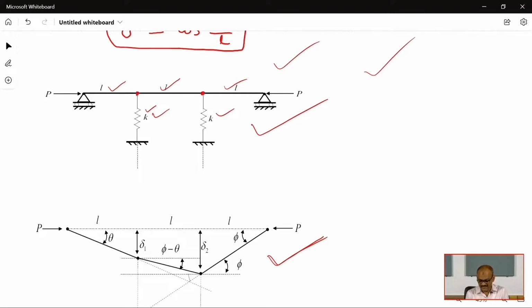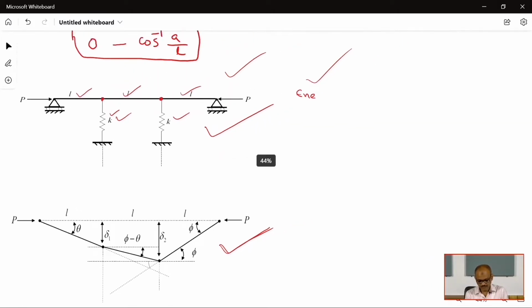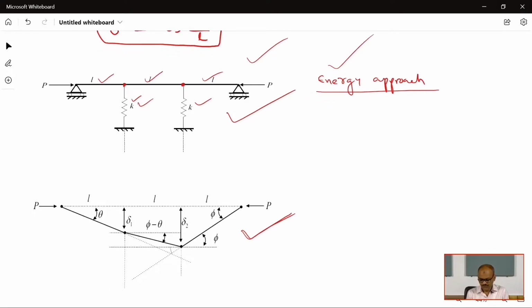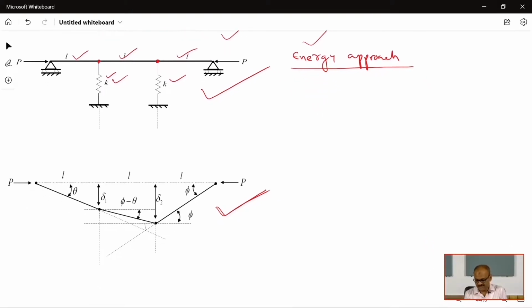And let us find the total strain energy stored in this deformed configuration. For this, this is the energy approach. In the energy approach, we will first have to find the total potential energy of the system.